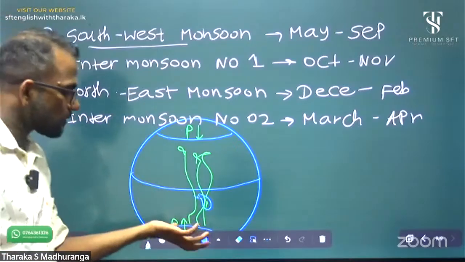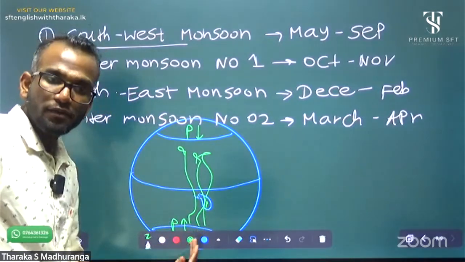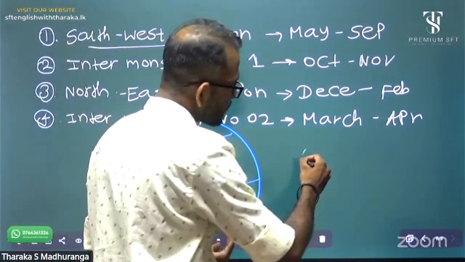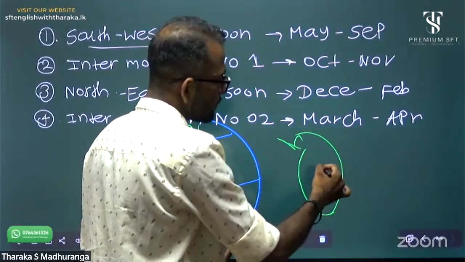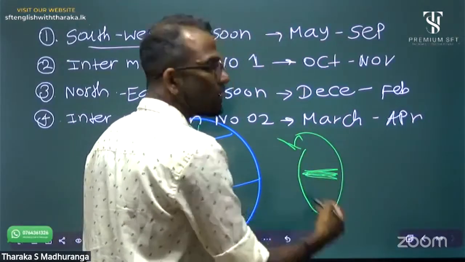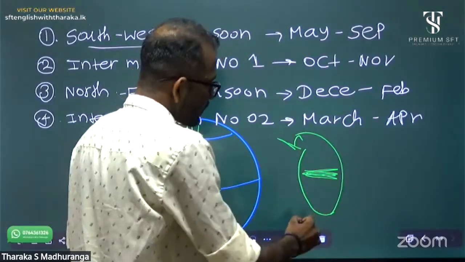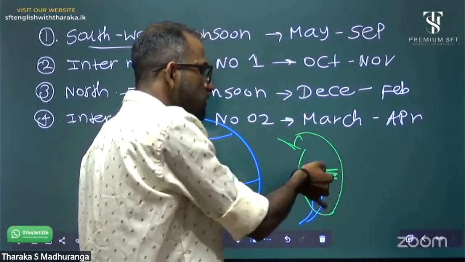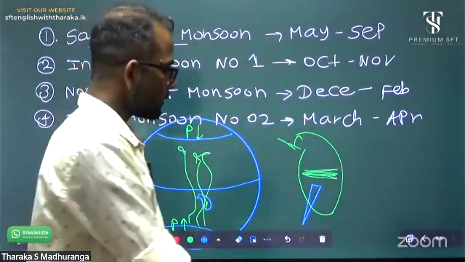Now it enters Sri Lanka from the southwest direction, and in Sri Lanka there is a central mountain range. This water vapor enters from the southwest direction and hits the mountains.